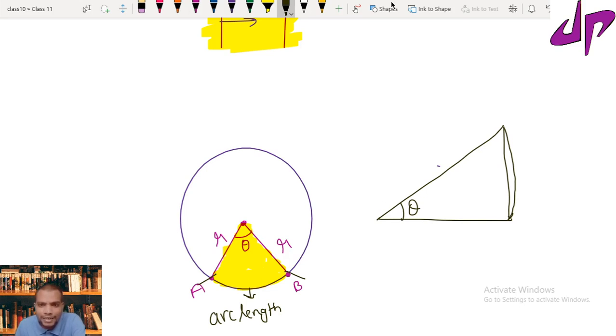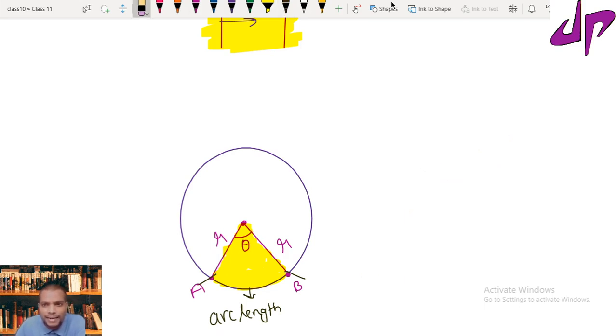Now here you can write it as tan theta. But here we need to measure the angle theta, so forget about this tan theta right now, we don't want that. Just we can write theta.